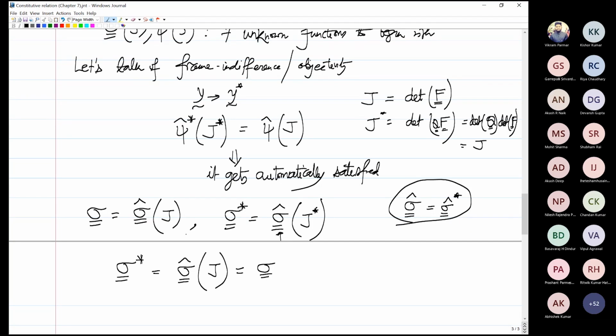Please ask me if you're not able to follow anything. Because sigma has to transform, you know the way sigma transforms: sigma star is equal to Q sigma Q transpose.